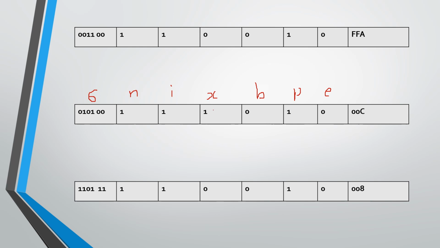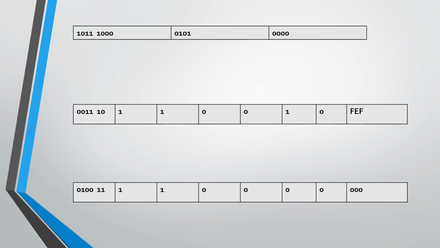Here x is equal to 1, as in the operand they have given BUFFER,X. The same thing applies for every object code.